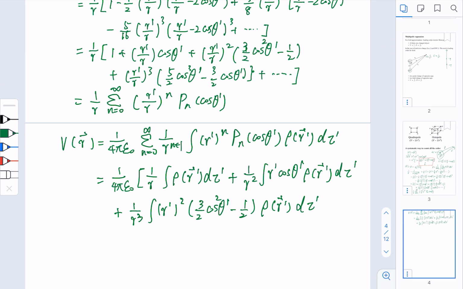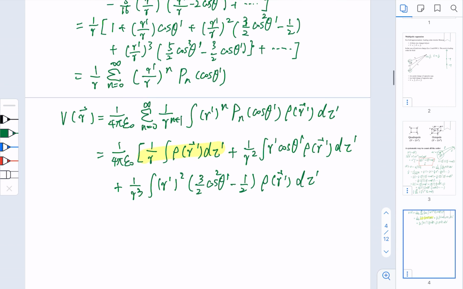Now we can identify here that this first term is actually the charge of the system, and the first term is proportional to 1 over r in the far field limit, and so we call the first term the monopole contribution.